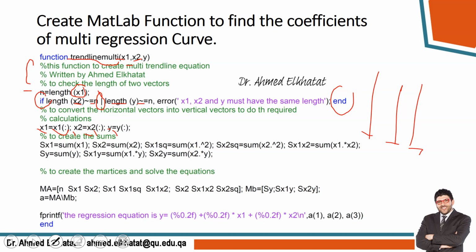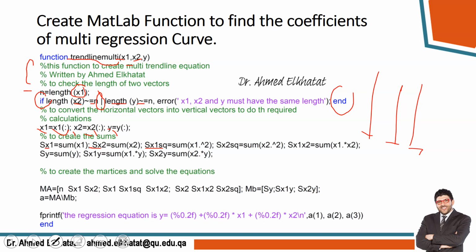Okay, now we can do the parts of the matrix. We can find the summation of x1, the summation of x2, the summation of x1 squared. Now I didn't say x2 because the name would be more complicated, since I have x2 here, so that's why I called it x1 squared.